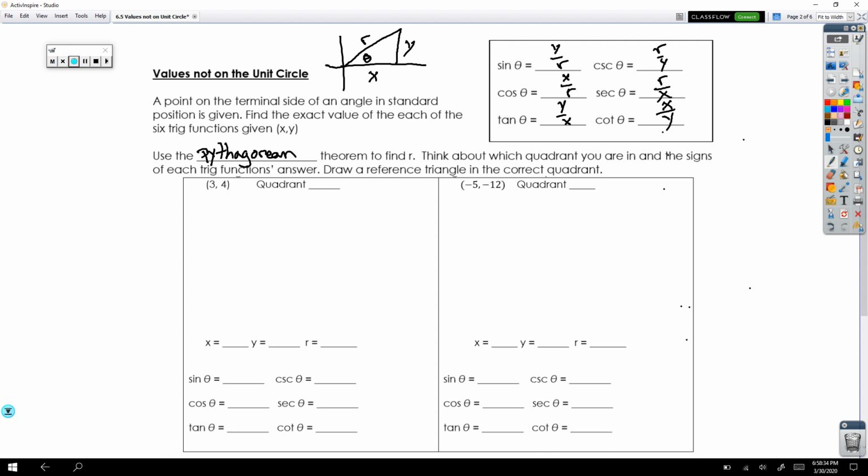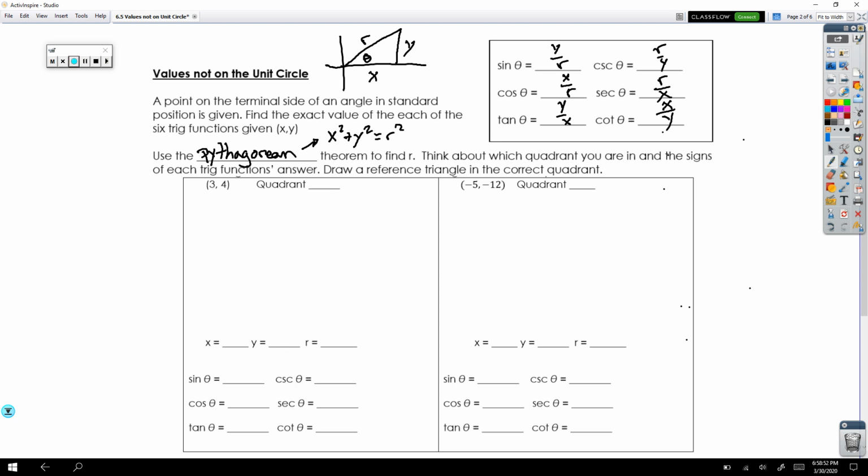Okay, and the Pythagorean theorem that you're used to seeing is a squared plus b squared equals c squared. But now we're going to use x's, y's, and r's. So the Pythagorean theorem is really going to be x squared plus y squared equals r squared.